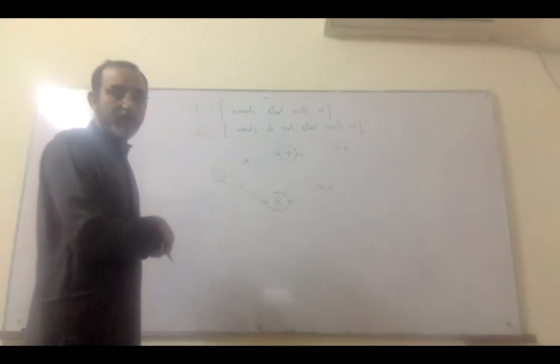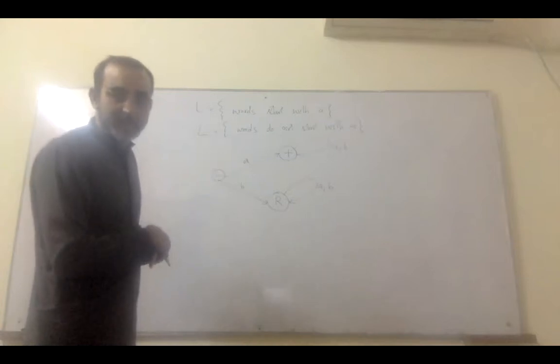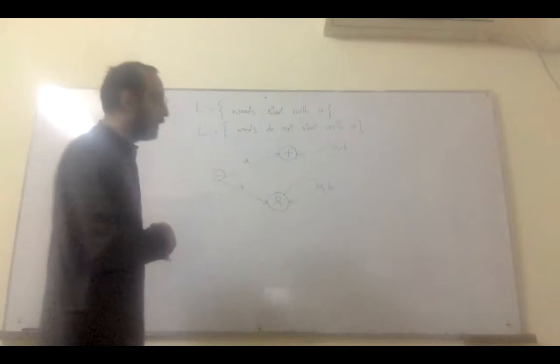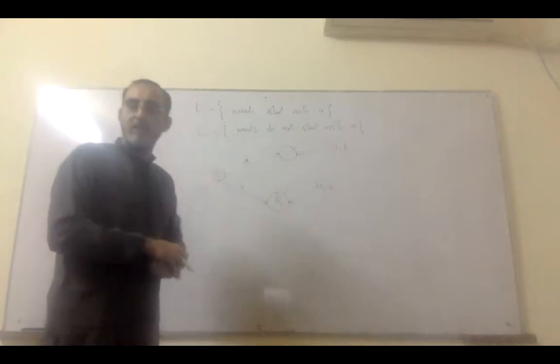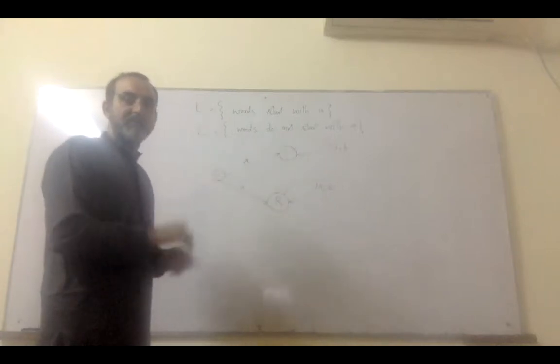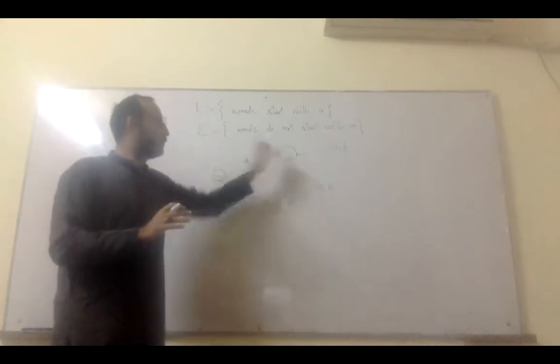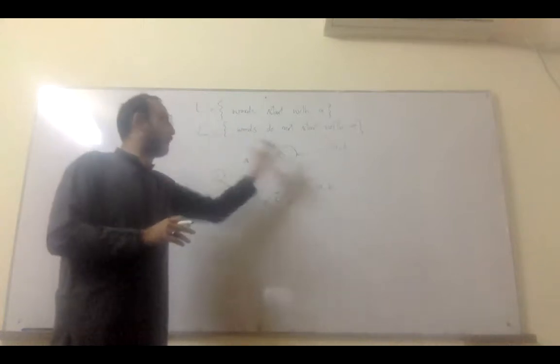Step number 2 is conversion of final states to non-final, so I can convert this final state into a non-final state. Is there any other final state? No. So this is the only one which I have converted to a normal state.